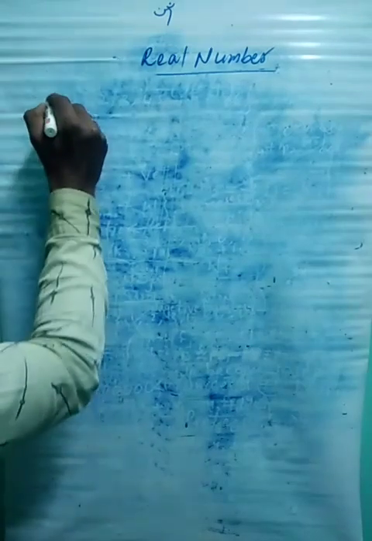Apart from this, integers are also rational numbers, denoted by the letter Q. What is a rational number? This is an important topic.